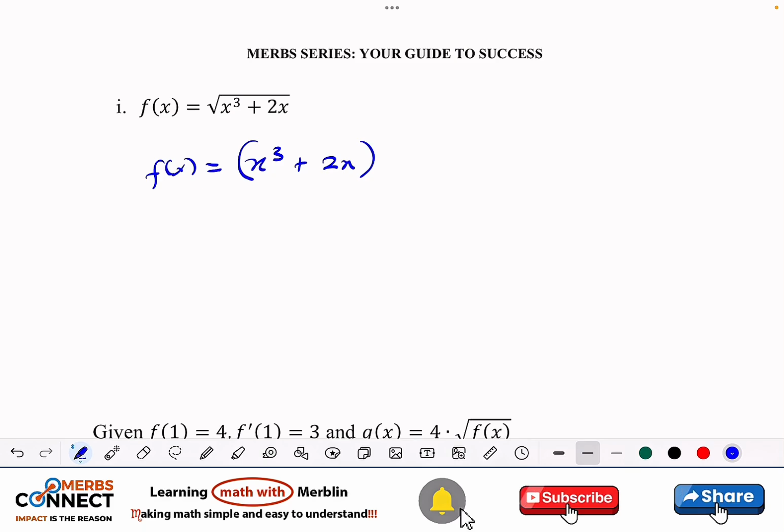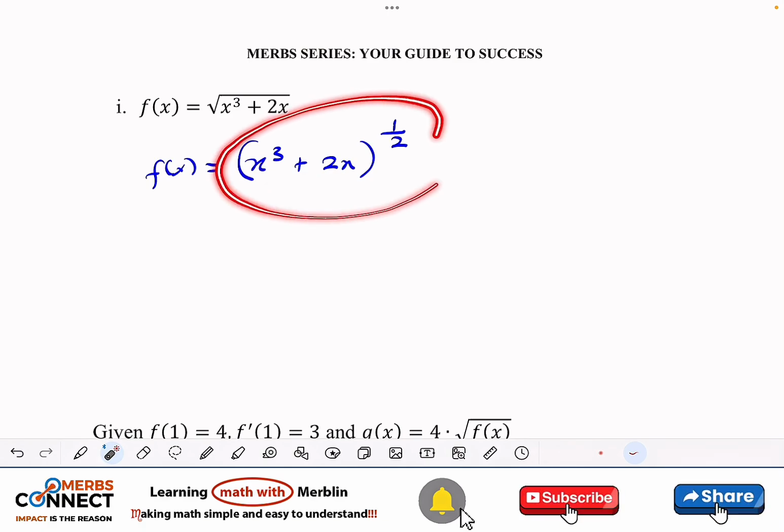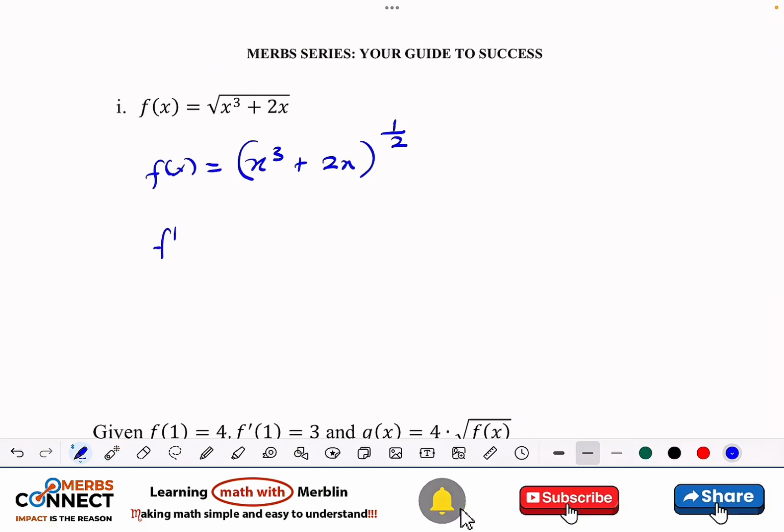So this is kind of to the power 1 over 2, because it's the square root of x to the power 3 plus 2x. I need to write this in this form before I can use the chain rule to do that. So f prime will be, let's apply the power rule. 1 over 2 drops down, (x cubed plus 2x) to the power 1 over 2 minus 1.